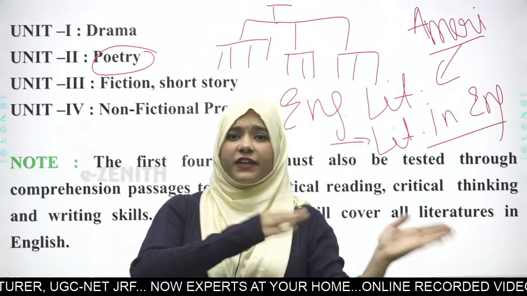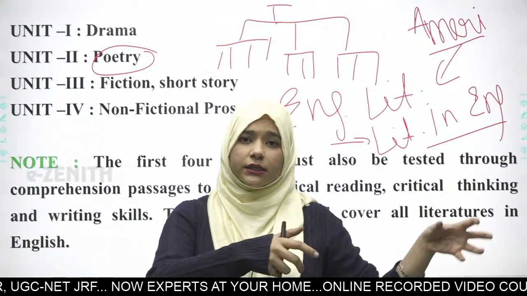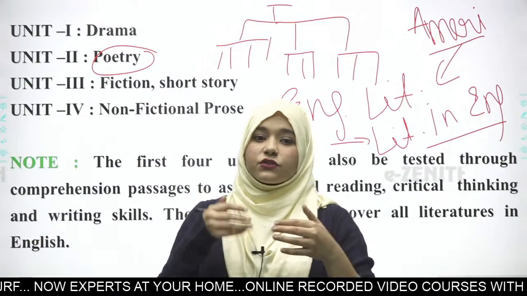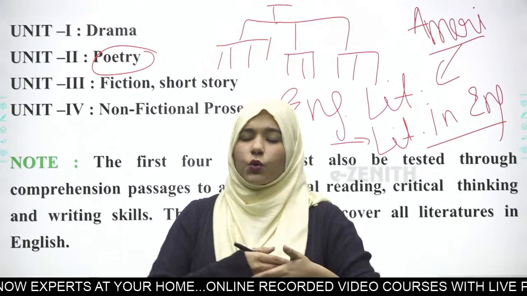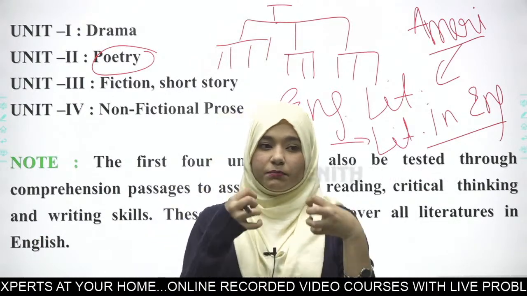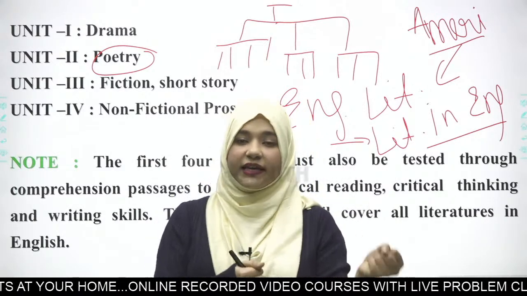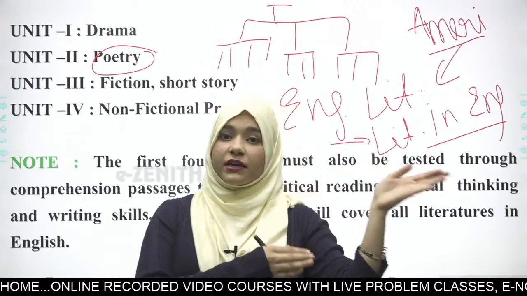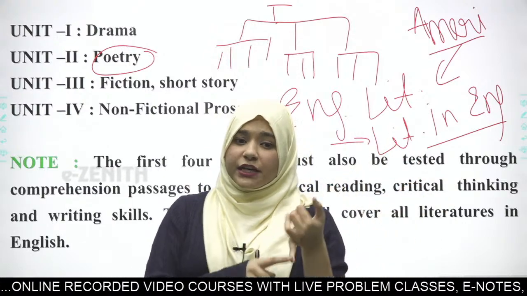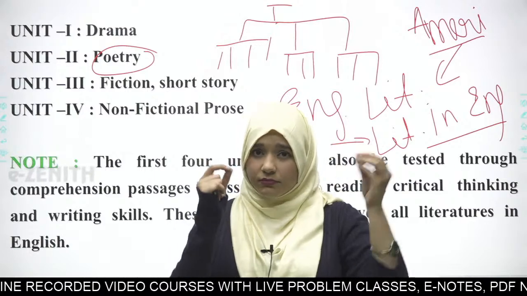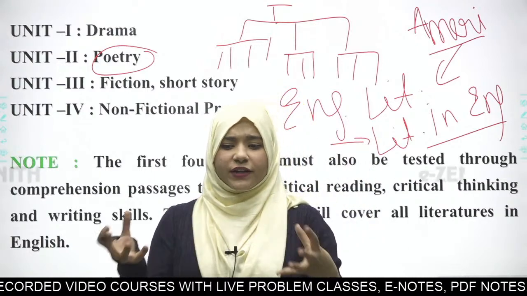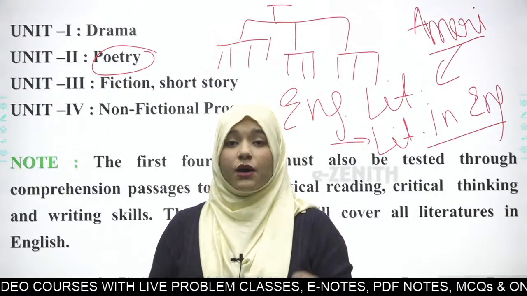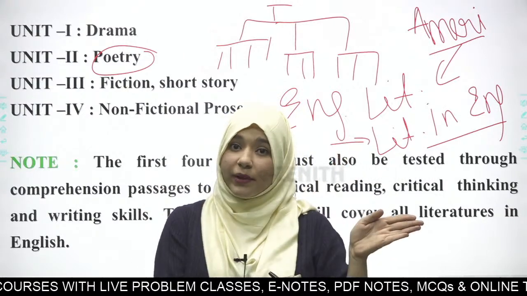These slaves were brought from the African continent to America, and then slowly and gradually, with their continuous struggle, they gained the status of free human beings. They gained the status of citizenship from their American white masters. Then the issues of racism, apartheid and all these things had a very deep influence on this Afro-American community.